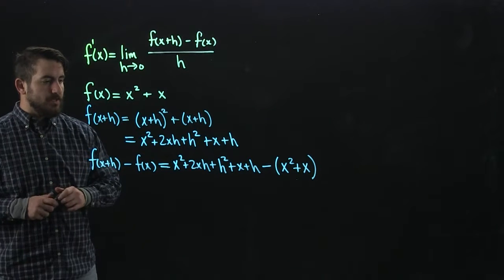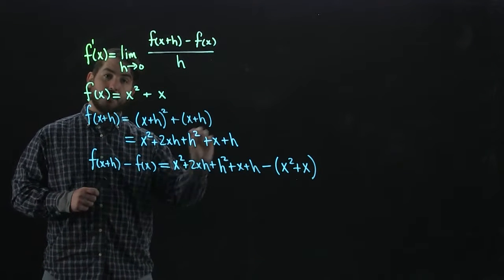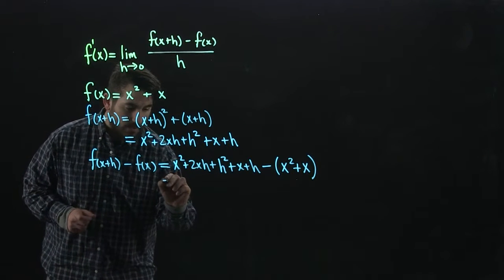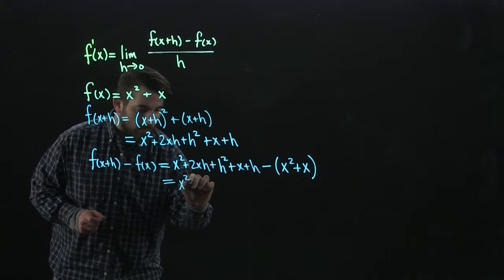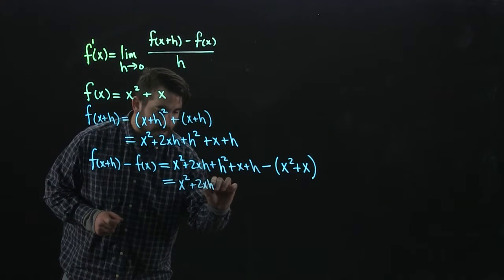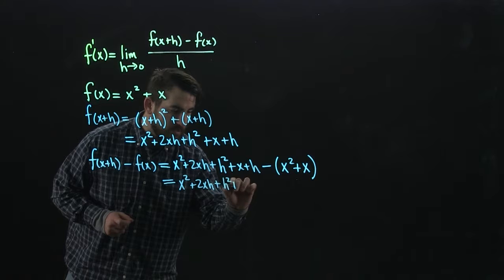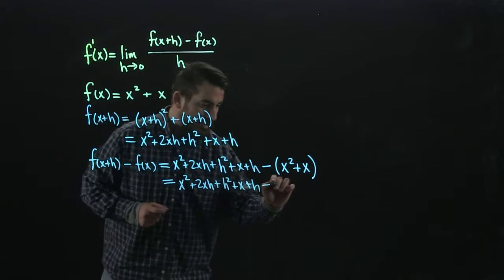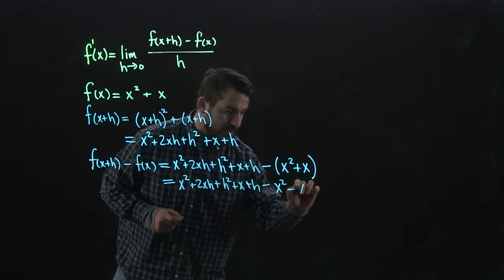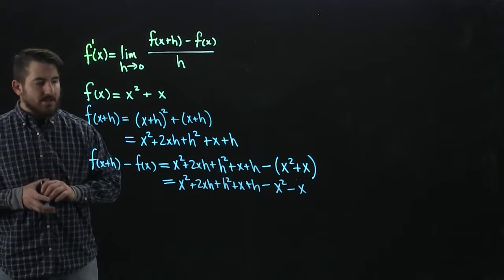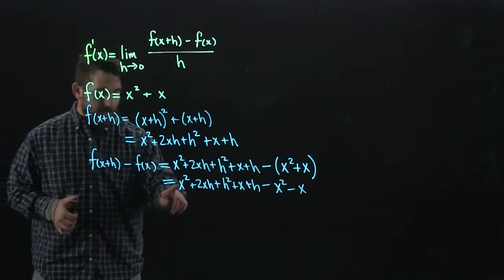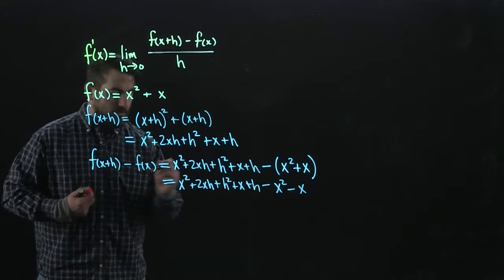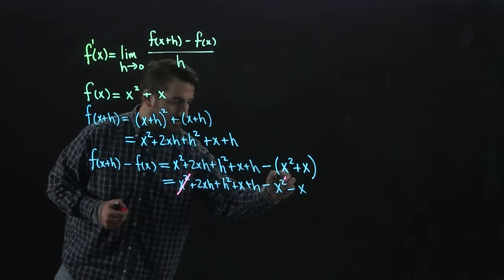What I'm going to do next is distribute the negative to the f of x. So this is x squared plus 2xh plus h squared plus x plus h minus x squared minus x. And what we should notice here is that the x squared terms are like terms and they cancel out.